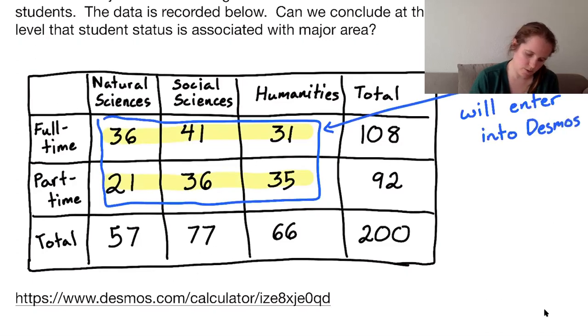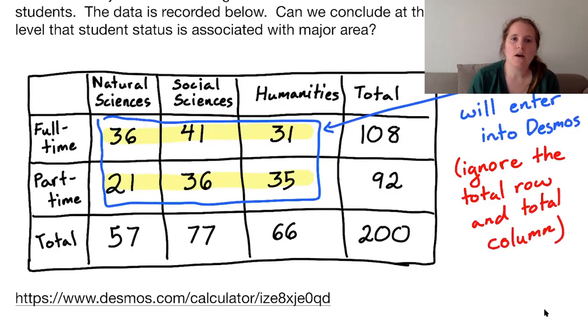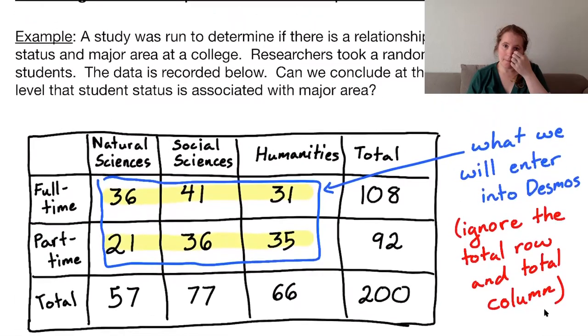So we should ignore the total row and the total column. So this is what we will enter into Desmos. So we've got 36, 41, 31 for the first row, 21, 36, 35 for the second row.